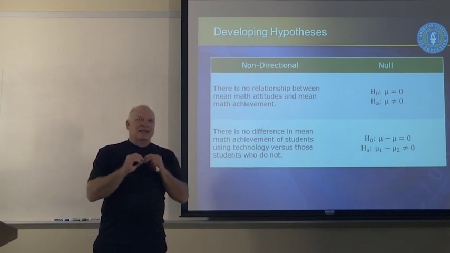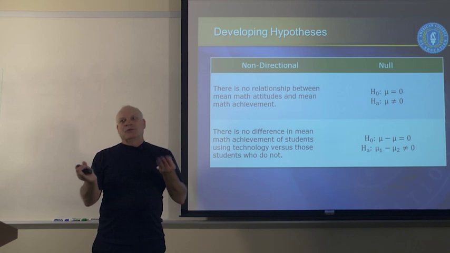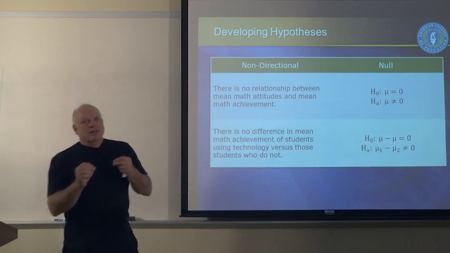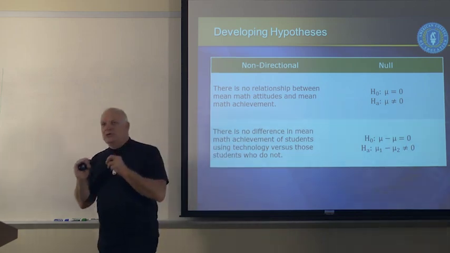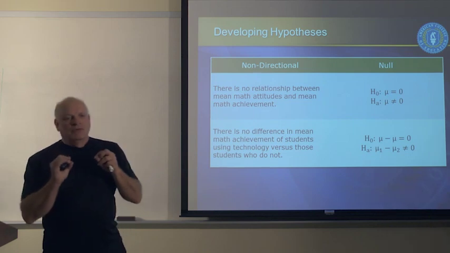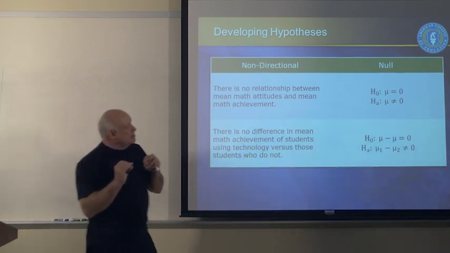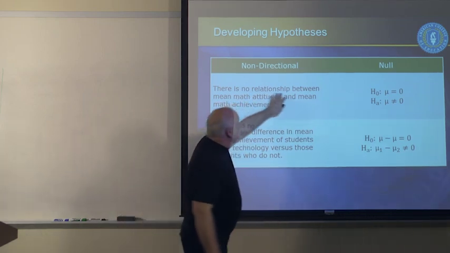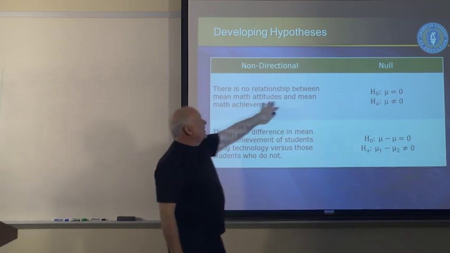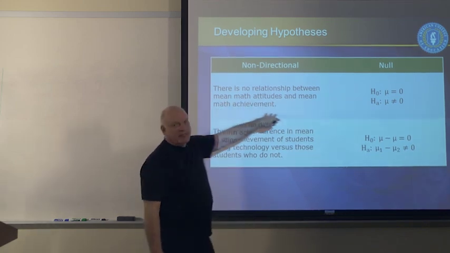Now again, it's not that this group is 0 and this group is 0, this is 1, this is 1. Remember that the definition is that the difference is so minute that it doesn't merit any further attention. So in this case, there's no relationship between mean math attitudes and mean math achievement.